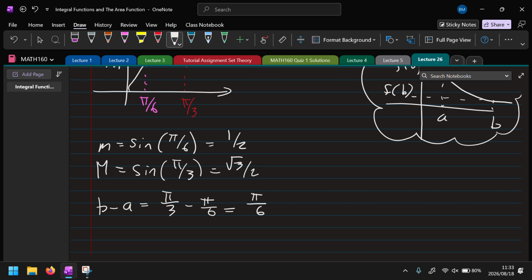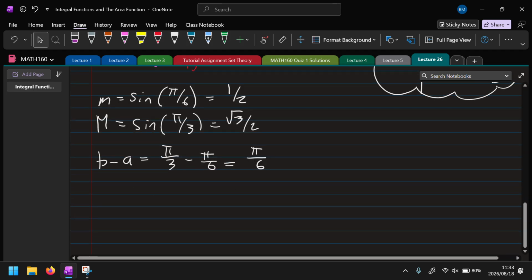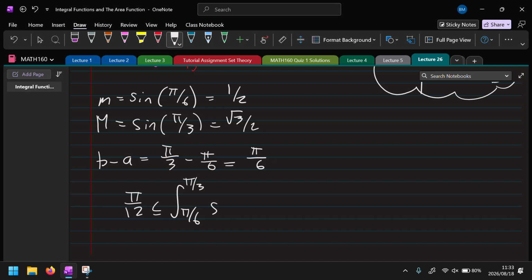And then we've got our answer, right? b minus a times the little m, that will be our first value, less than or equal to our integral, less than or equal to b minus a times the capital M. Which is what we wanted to show.